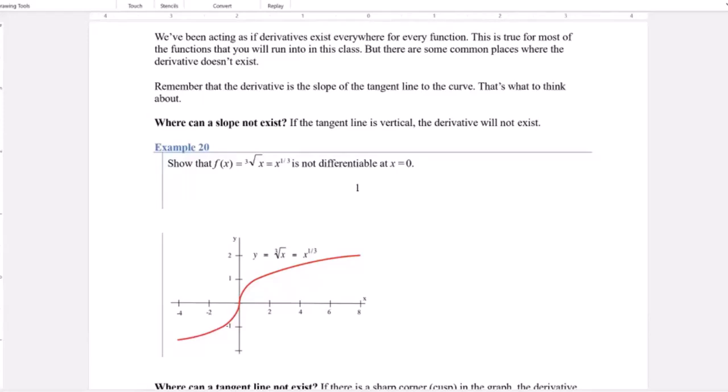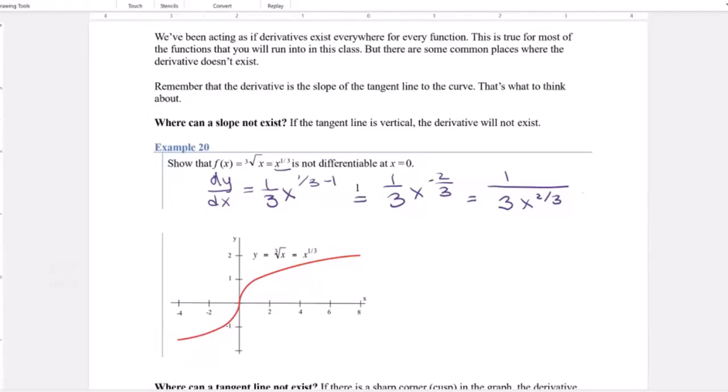So that means I have dy/dx is equal to, the power rule says, 1/3 times x to the 1/3 minus 1, which is equal to 1/3 x to the minus 2/3, which is equal to 1/3 x to the 2/3 in the denominator, which is good enough, actually.